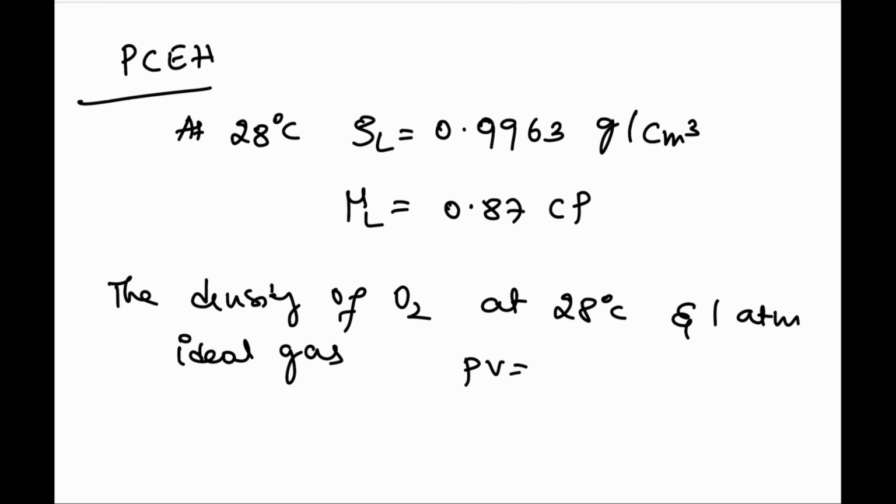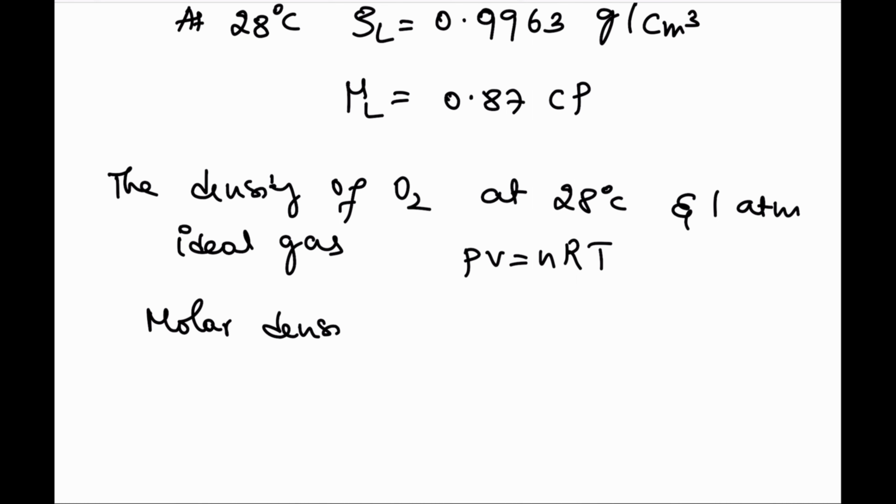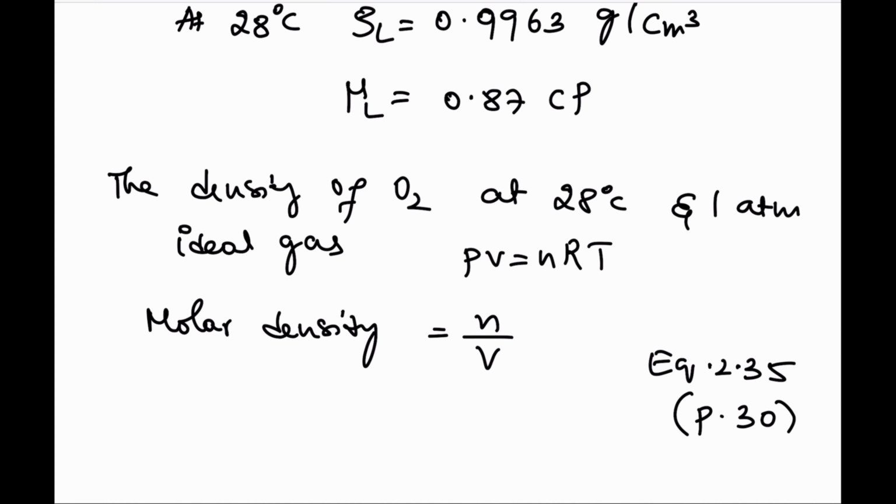We know the definition of molar density: molar density is n/V. Now we can rearrange this equation. This equation is available as equation 2.35 on page number 30. So n/V = P/RT.